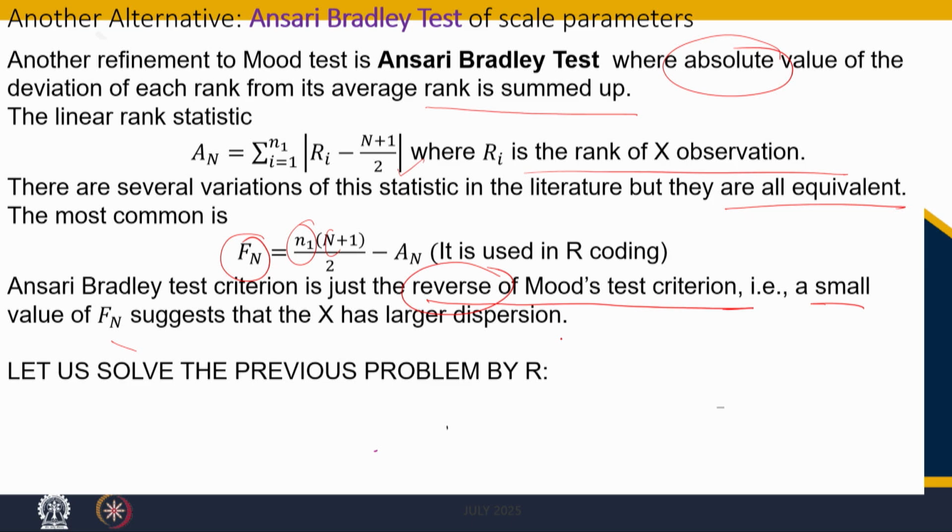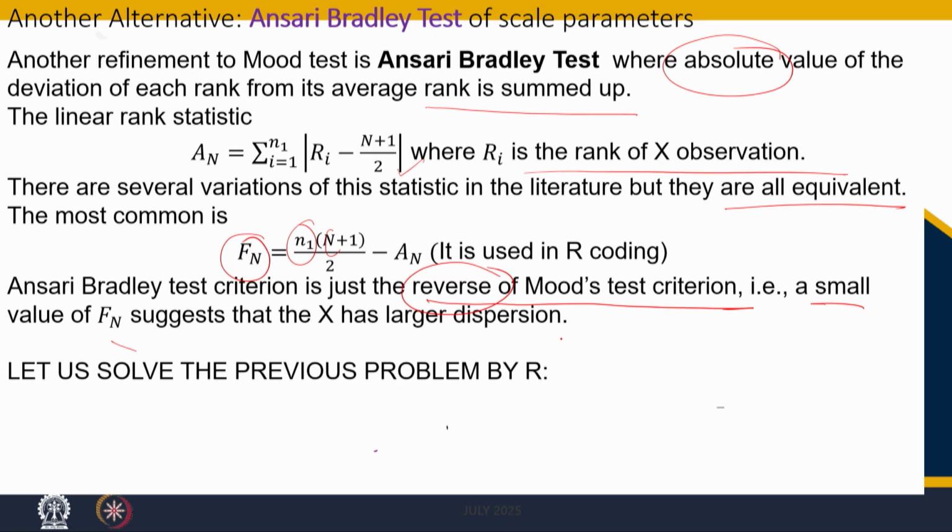But we are not bothered about this, because while we are passing through R, we always look at the p-value, and we know for p-value the rejection rule remains the same. When you are dealing with the critical value, then you have to be very cautious while making the rejection, whether it is left-sided or right-sided, whether the test statistic is bigger, means the rejection will be stronger.